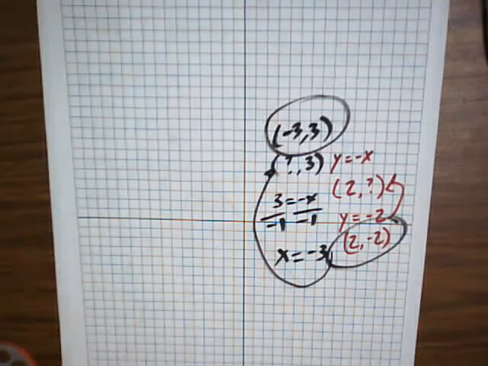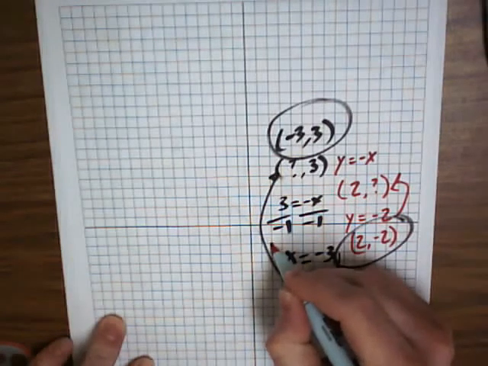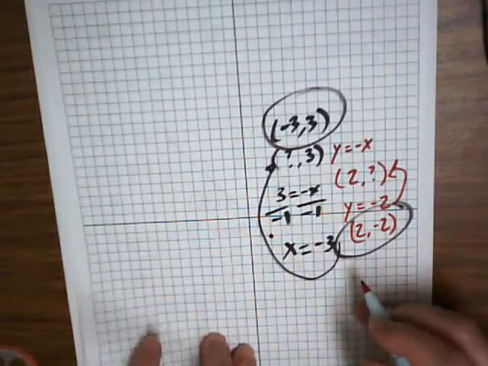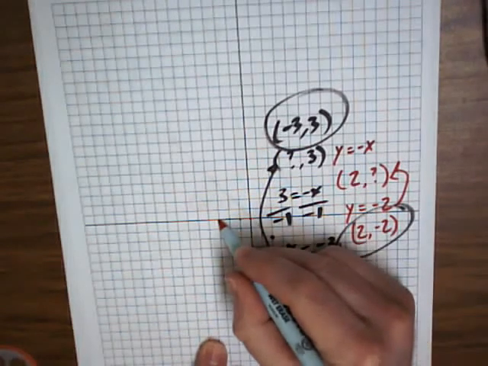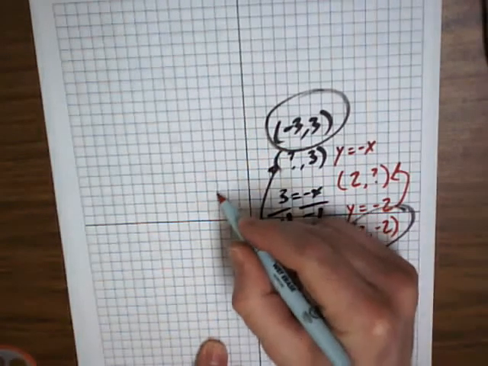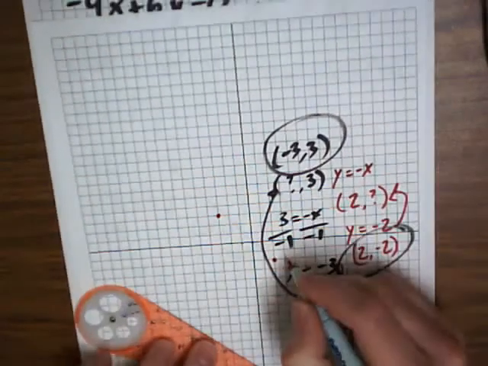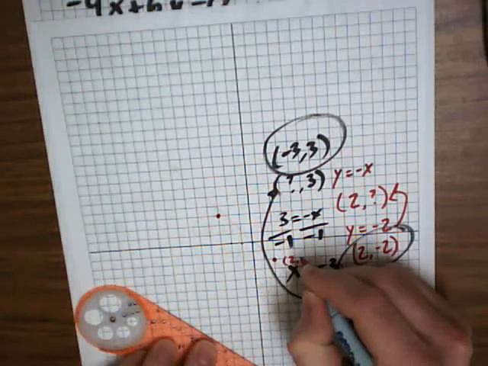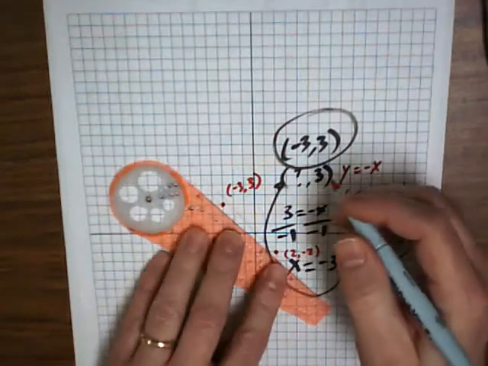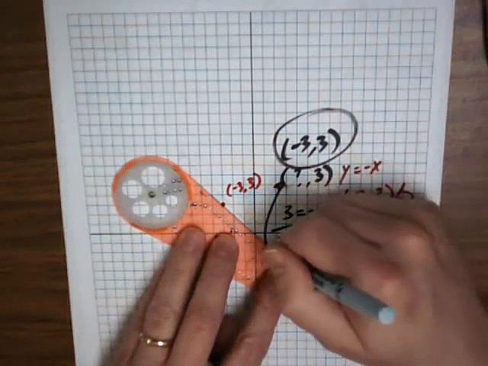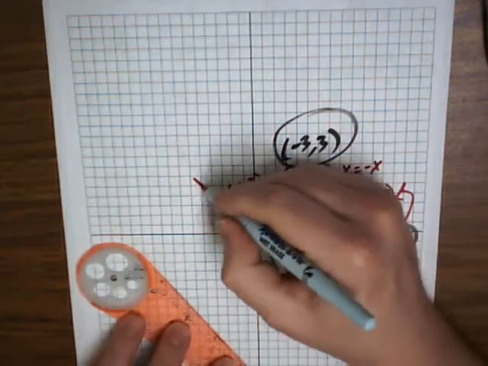So 2, negative 2: over 2, down 2. And then negative 3, 3: I go back 3, and then up 3. I'll go ahead and try to label those: 2, negative 2, negative 3, 3. And there's our line.